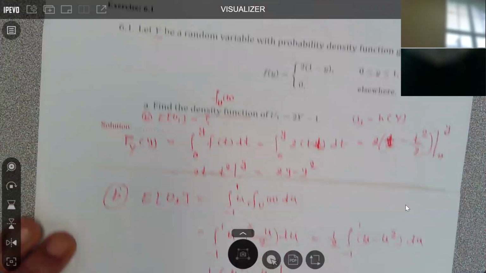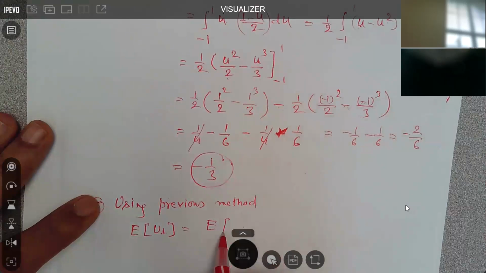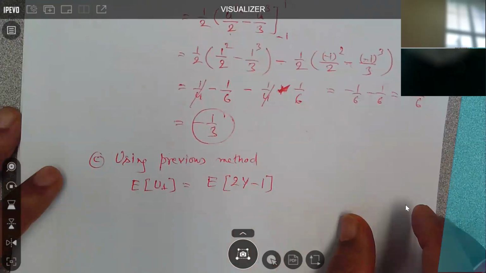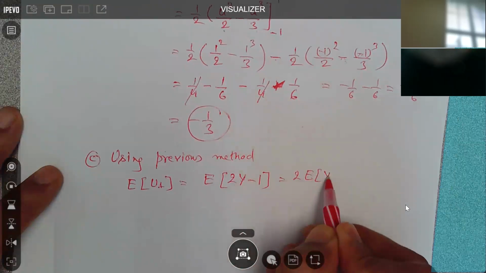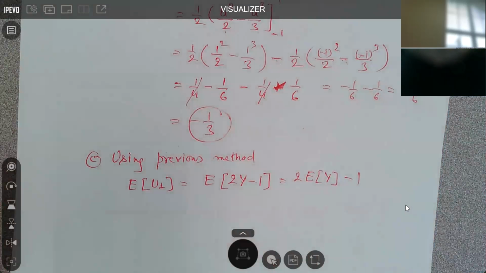So equals 2y minus 1, right? Now it is equal to 2 expected value of y minus 1, right?